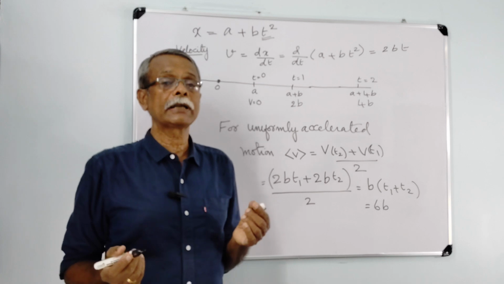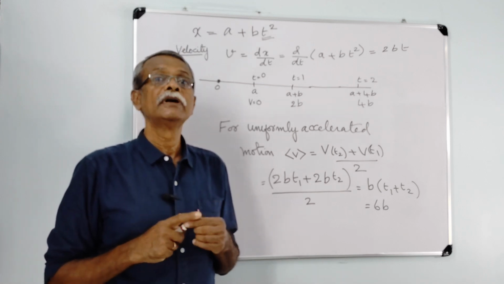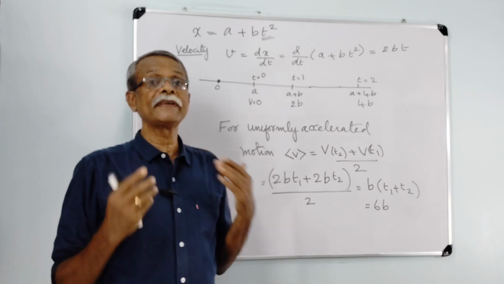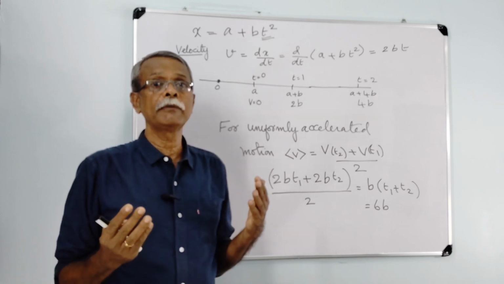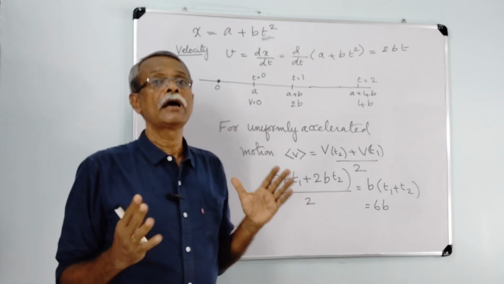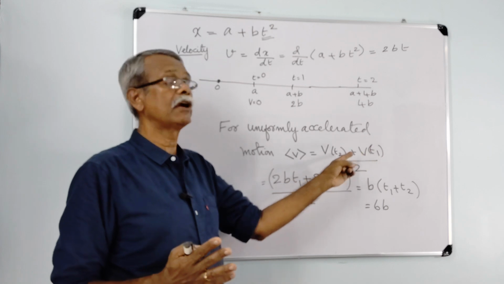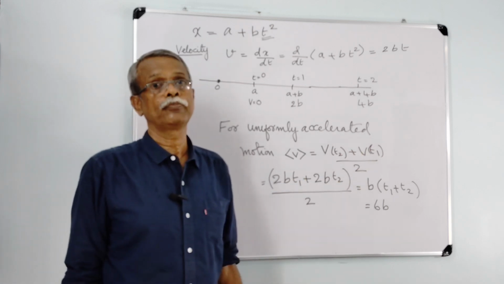So if the particle moves with uniform acceleration, that is, if the displacement x is given as a function of time up to second order, then we can always calculate average speed by this method, V at t2 plus V at t1 divided by 2.